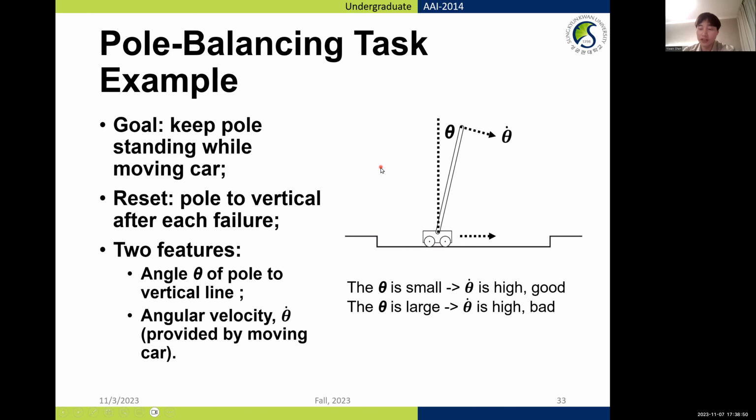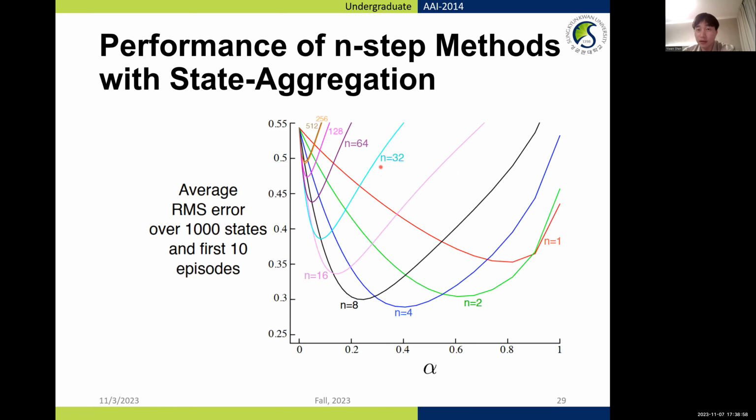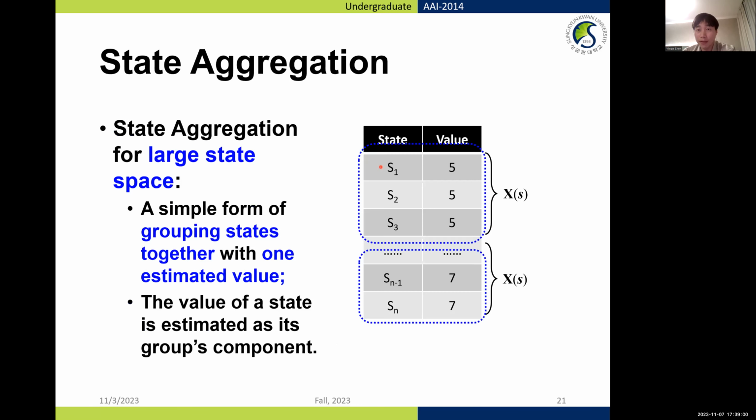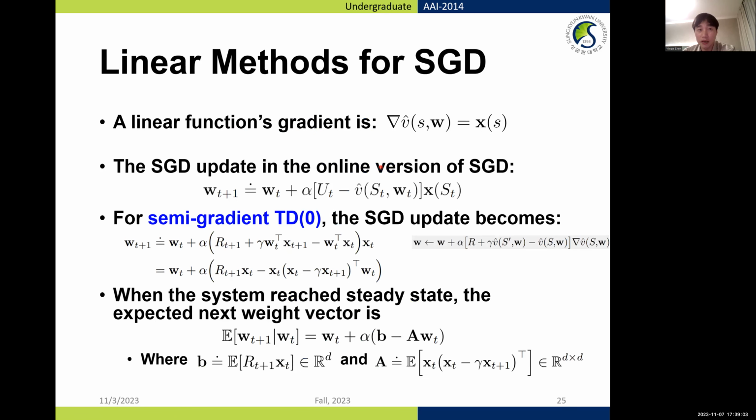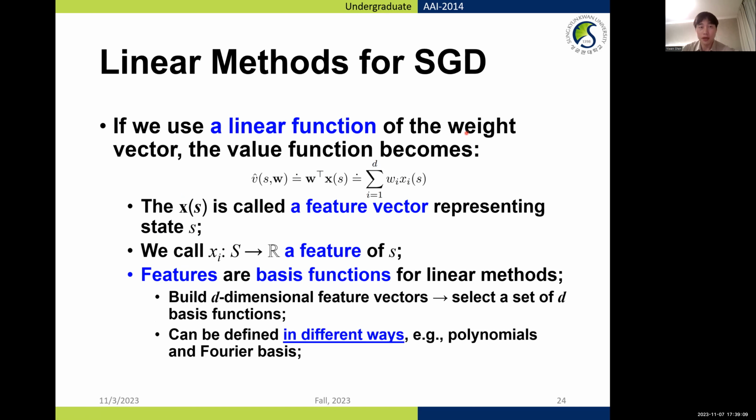So previously, if we just consider a simple linear combination, a linear function of the weight vector with a feature xi, each xi, then there's no interaction among different features.